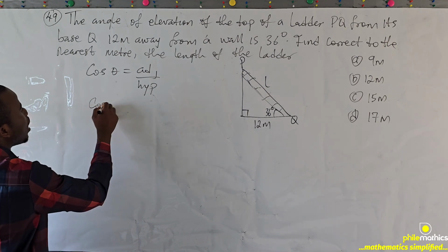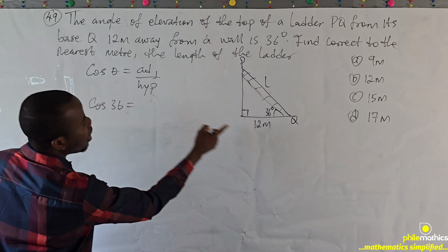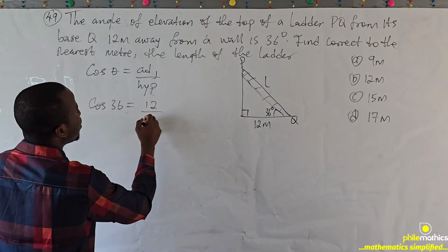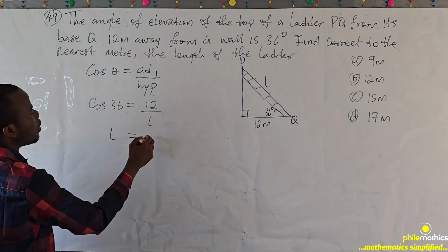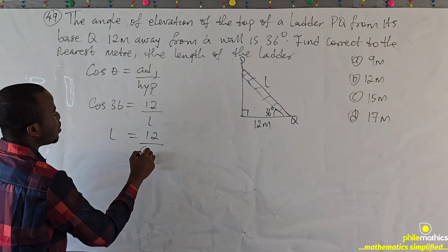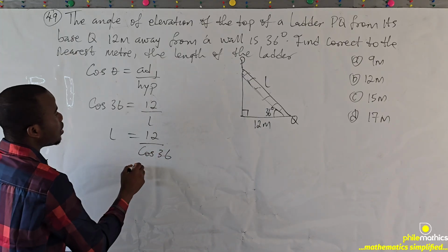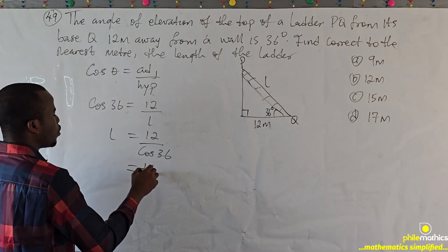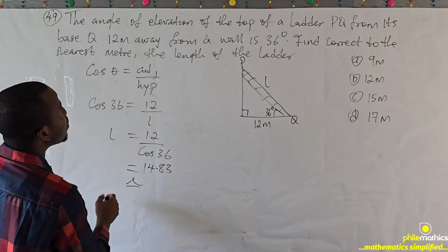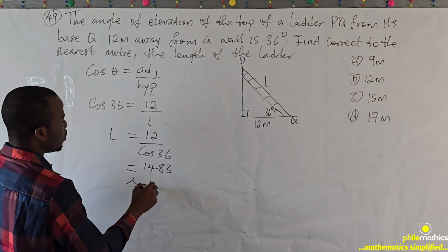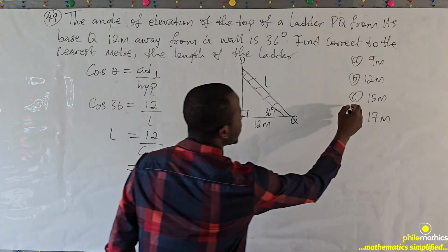We are given the angle as 36, our adjacent is 12, and the length is what we are looking for. And so to get the length, divide both sides by cos 36, and that should give us 14.83. Approximately to the nearest meter is 15 meters, and that's C.